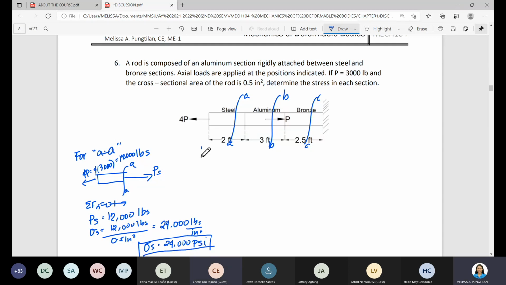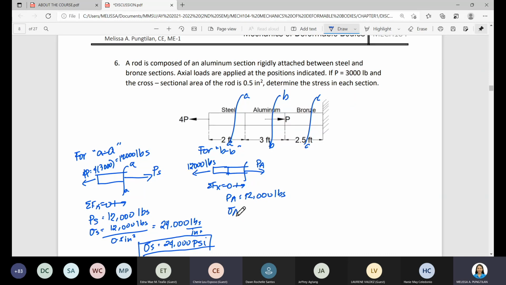Dito naman tayo for exploratory section BB. Same procedure. So this is 12,000 pounds. Then meron tayo ditong PA. So taking the summation of forces along x direction is equal to 0 to the right as positive. So yung ating PA is equal to 12,000 pounds.